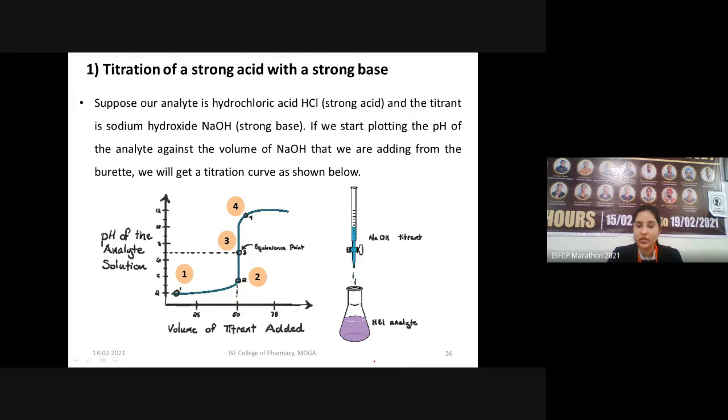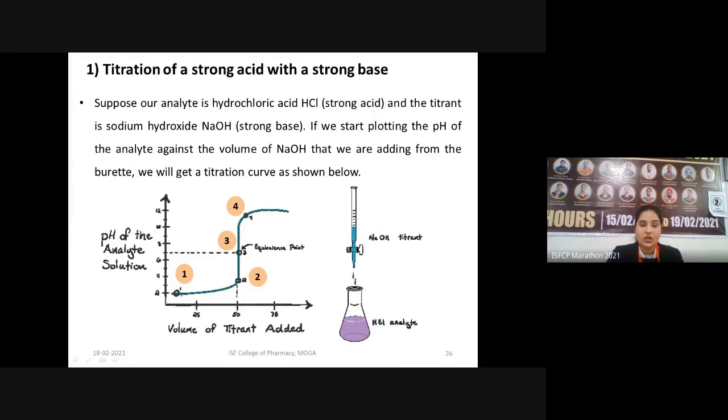We do not know the concentration of this HCl solution, and above here we have sodium hydroxide. Sodium hydroxide's concentration is already known to us. We will be adding the sodium hydroxide into the solution of HCl, and we will determine the concentration of HCl. So what is going to happen when we perform this experiment of titration of a strong acid with a strong base? A curve like this is observed.